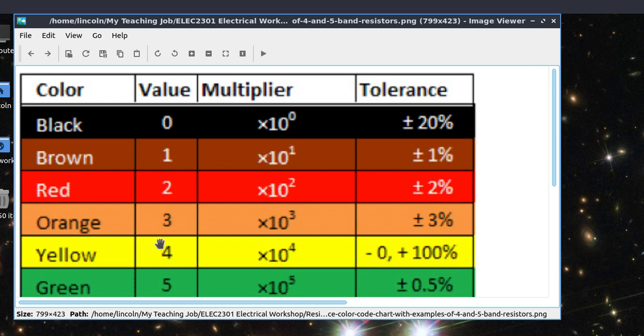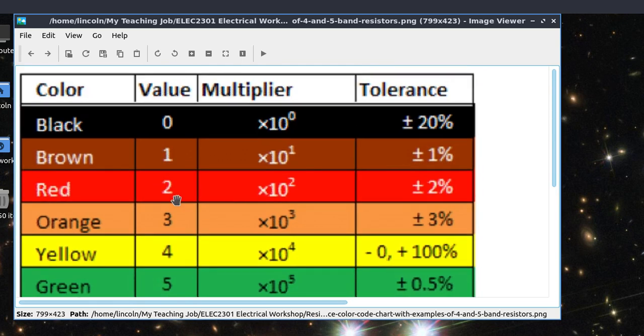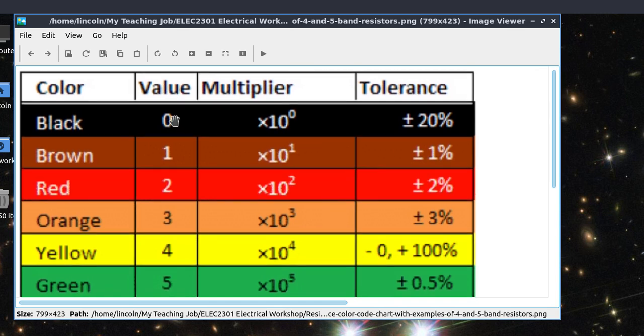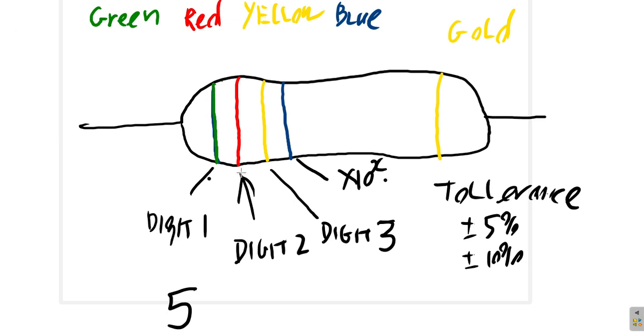They're all the same, universally. So we have red, which is represented by 2. When I say digit, I'm speaking of what this table calls value. Alright? So that's 2. That's 52.